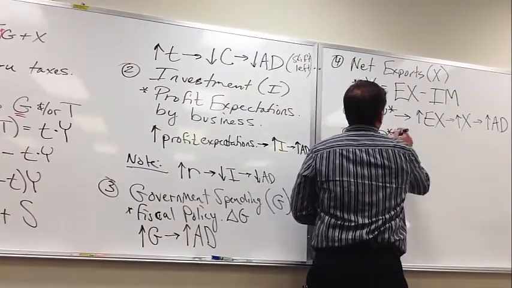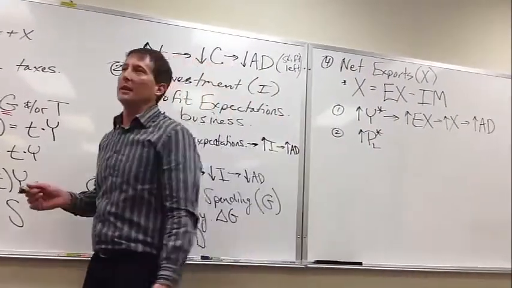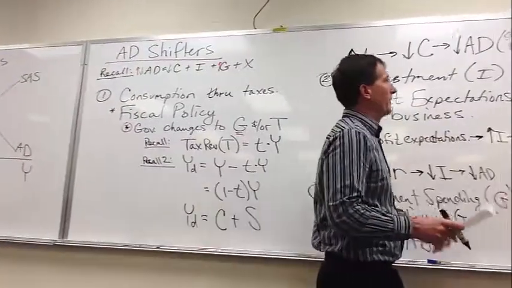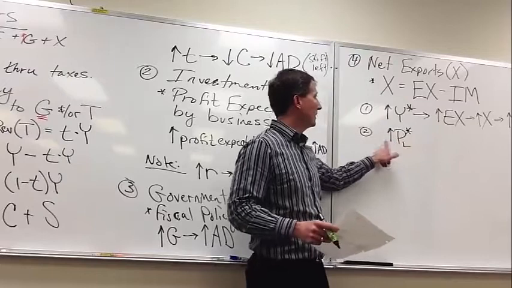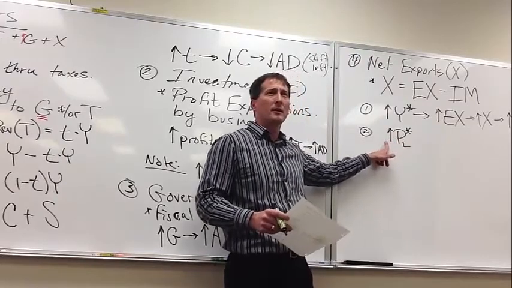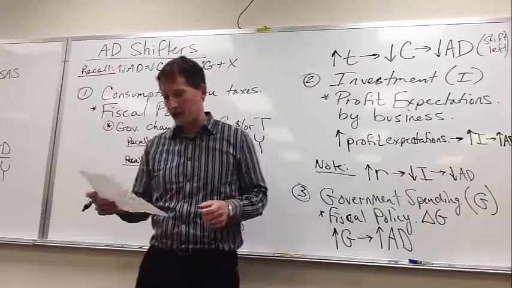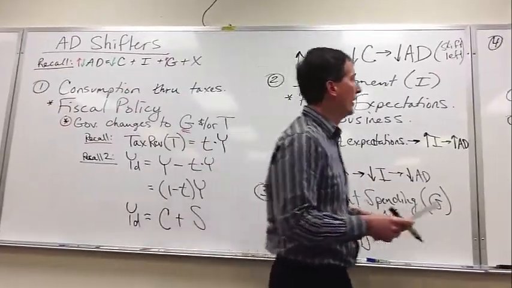What happens if the foreigners are experiencing inflation relative to us? So if the foreign price level is going up, are they going to tend to buy more or less American goods? More.